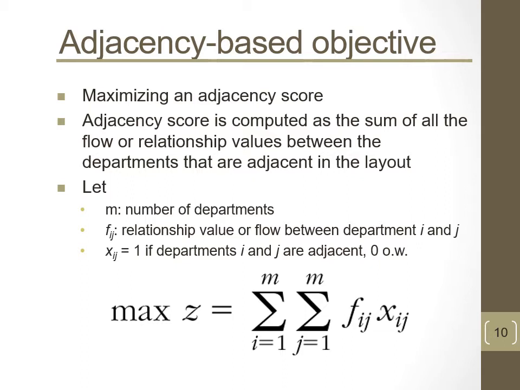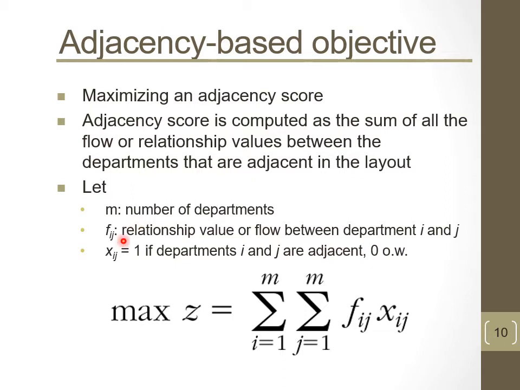As I said, you can assign these numbers yourself if you are an experienced layout planner, or you can use some predetermined values. For example, if you use ALDEP scoring, for an A relationship you will assign a value of 64. So if department 1 and 2 have an A relationship, and if they are adjacent to each other, then the score that you will assign will be 64.